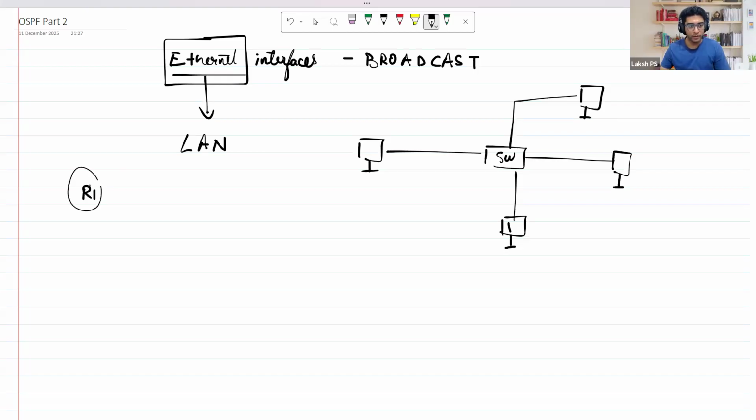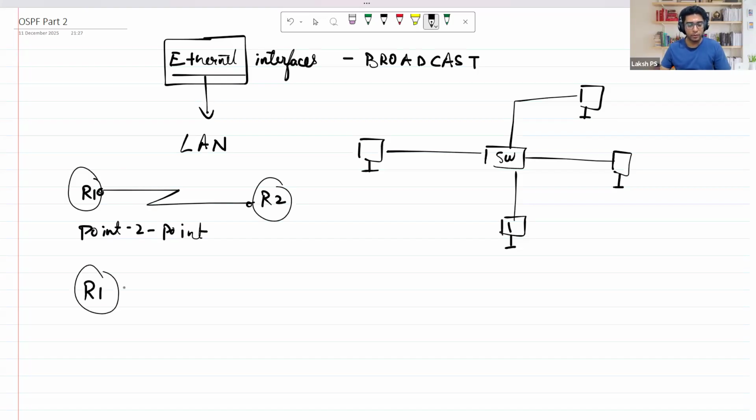When R1 was connected to R2 using a serial interface, it was called point to point. But if R1 is connected to R2 using an Ethernet interface like FastEthernet 0/0, although there are only two devices connected on this link, OSPF will still think of this as an Ethernet or broadcast link.